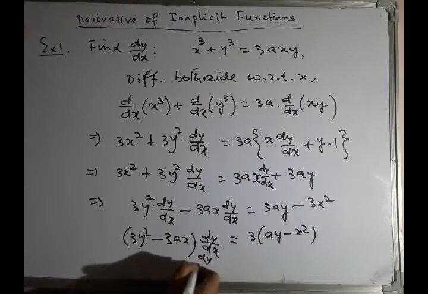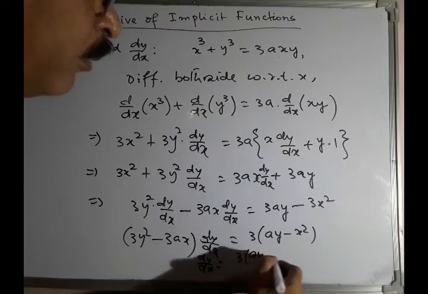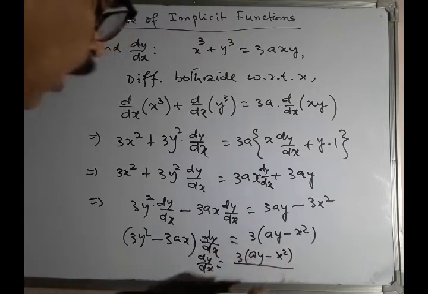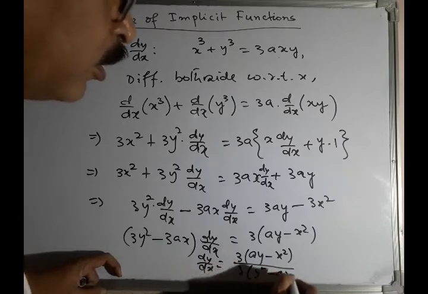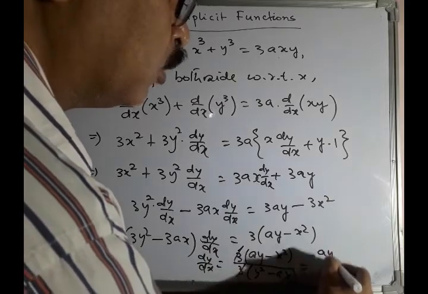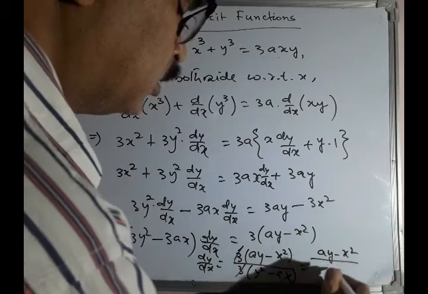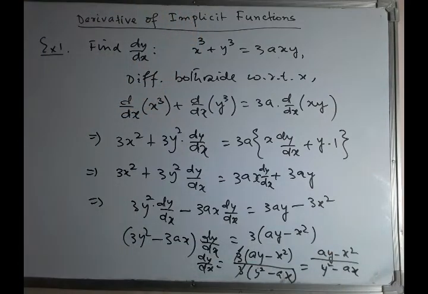Therefore dy by dx equal to 3(ay minus x square) divided by 3(y square minus ax). So 3 and 3 get cancelled. Final answer: (ay minus x square) divided by (y square minus ax). So this is the final answer.